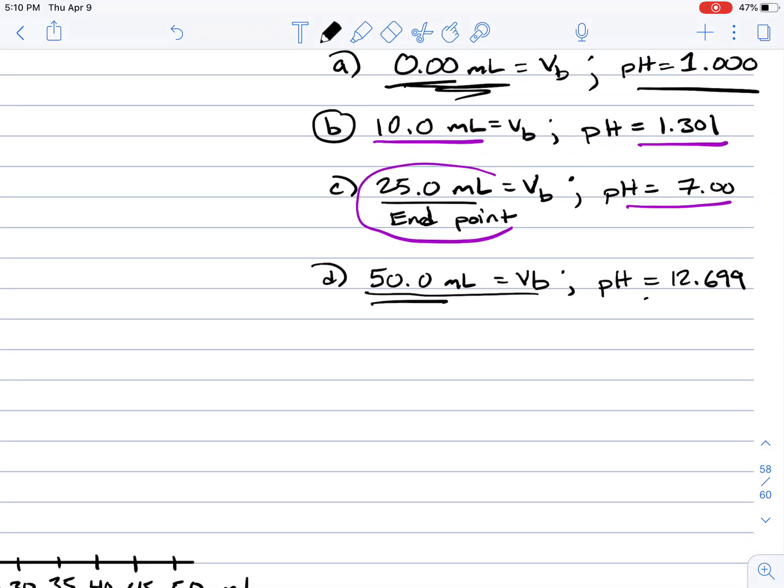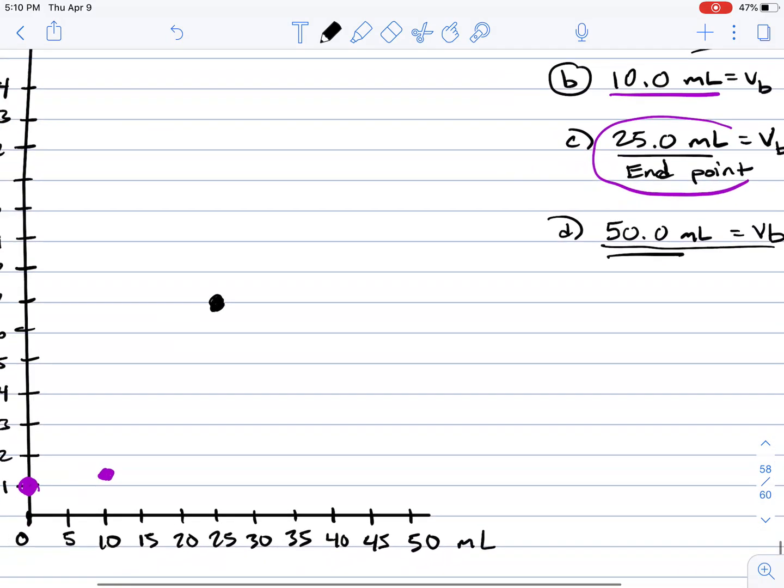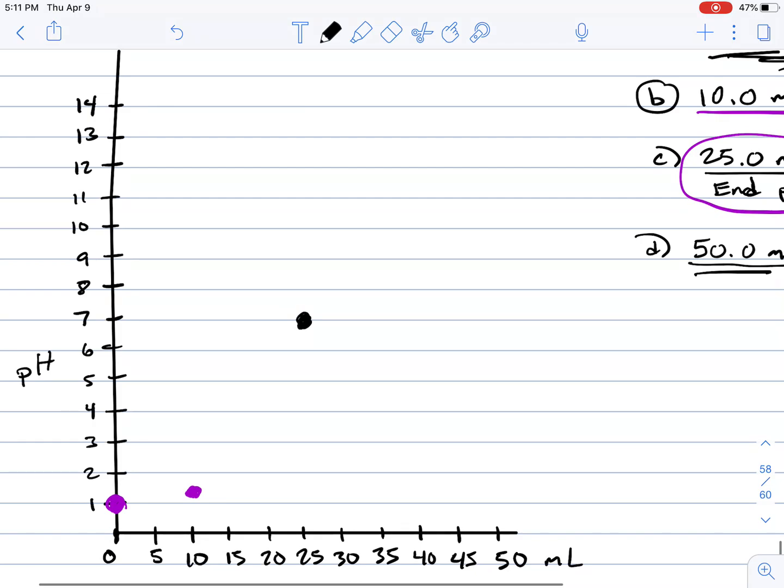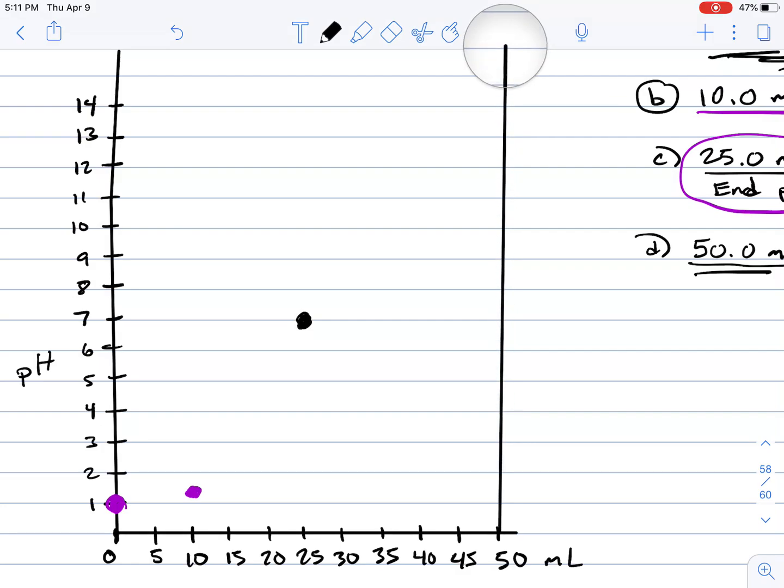Last but not least, I have 50 mils, and it's 12.699. So here's 50. If you guys are doing this on your own, please use a ruler. 12.699 is just slightly above.